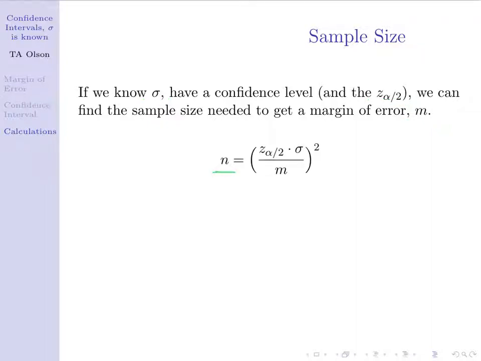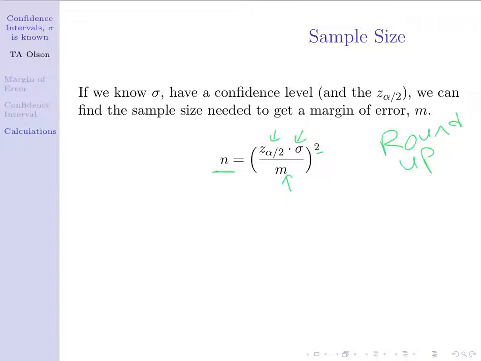Our sample size is equal to our critical value times the standard deviation divided by the margin of error, and then we square that number. Since our sample size has to be a whole number, we then round this number up. We always round up to the next integer, because if we round down, we wouldn't be guaranteed to meet that margin of error.